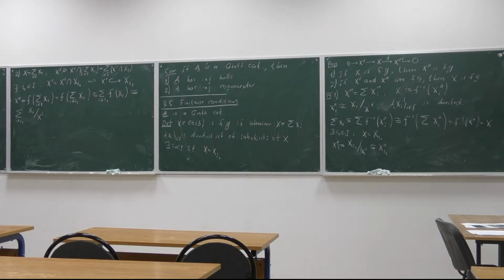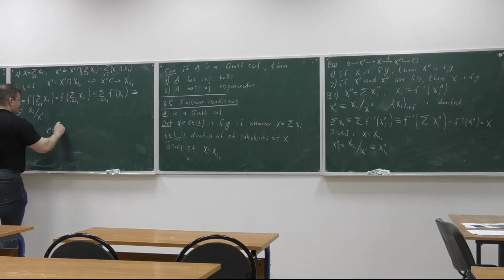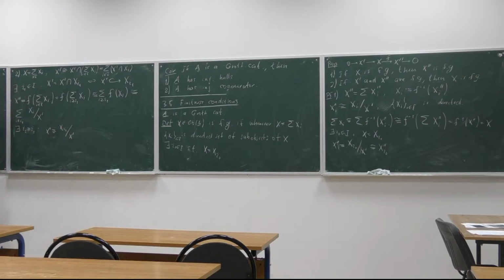So again, I presented x double prime as some sum. So there is another index I2, and actually I can even say that I2 is greater or equal than I1, such that x double prime is isomorphic to the x I2 modulo x prime.